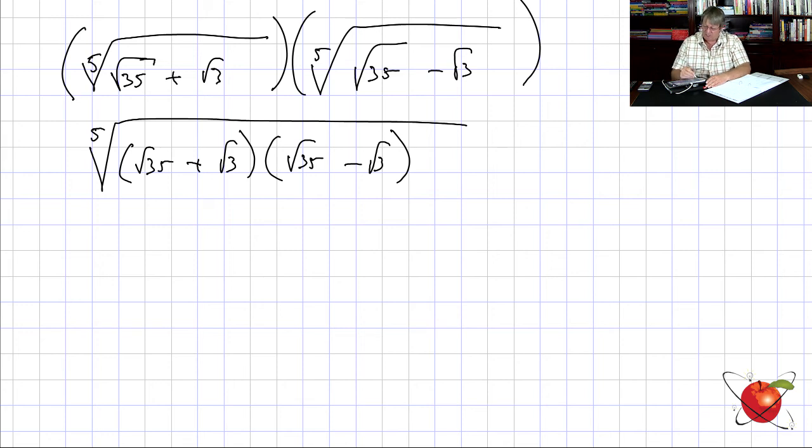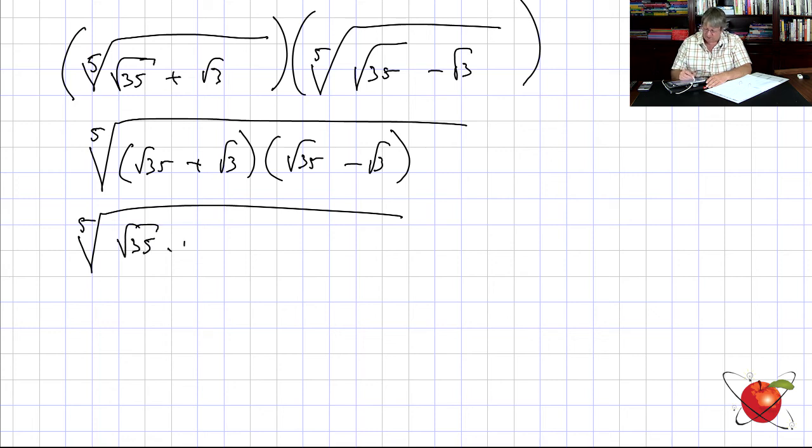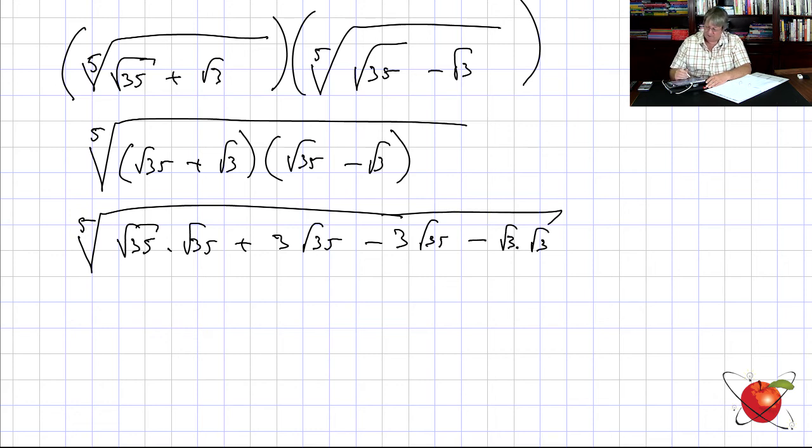Okay. So now I can work out, hold on, that's a multiplication thing again. Fifth root, what is root 35? Let's write it out in full. Root 35 plus root 3 times root 35 minus root 3. Minus root 3 times root 3. And have a look here, that's cancelling out over there.